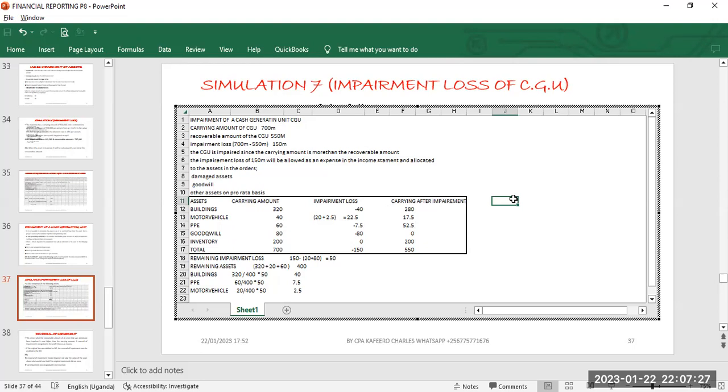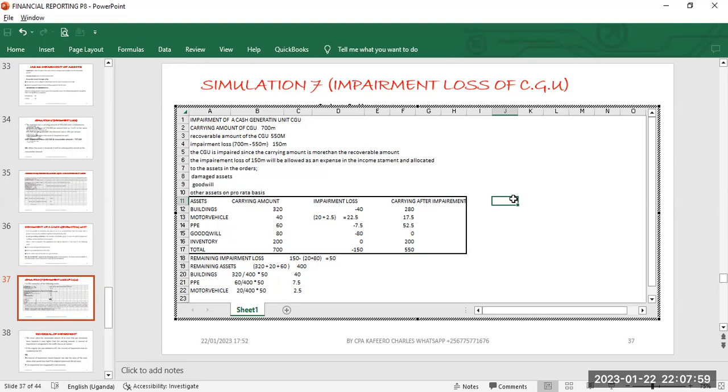Reversal of impairment mainly arises in a sense that the asset had a previous impairment loss, but this time around, the asset is not going to be impaired. It's going to be having a gain, or it has been revalued upwards. Meaning that now the recoverable amount is higher than the carrying amount. So we have an income.